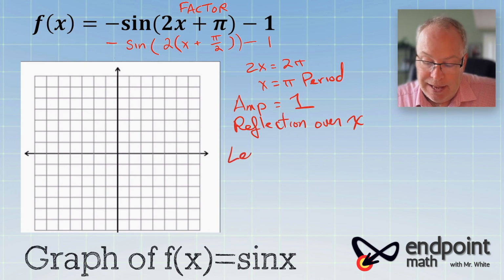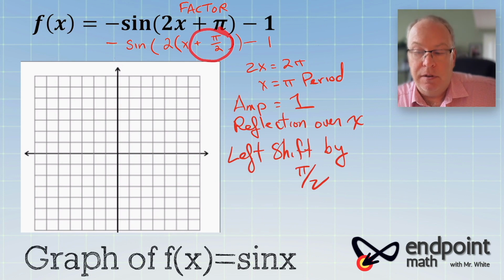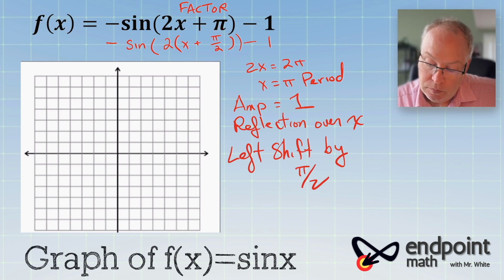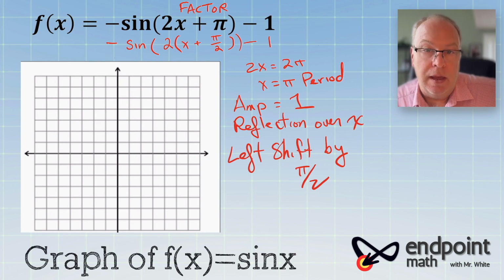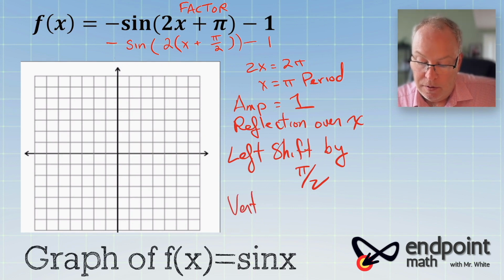There is a left shift by pi over 2. And that's this guy right here. Left shift by pi over 2. And there's also a vertical shift by -1.